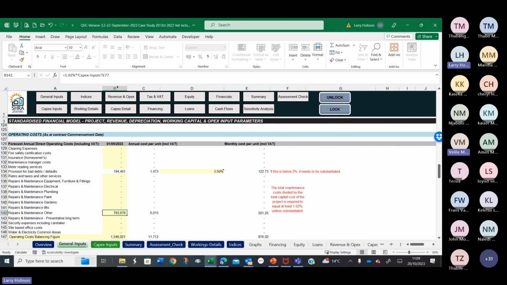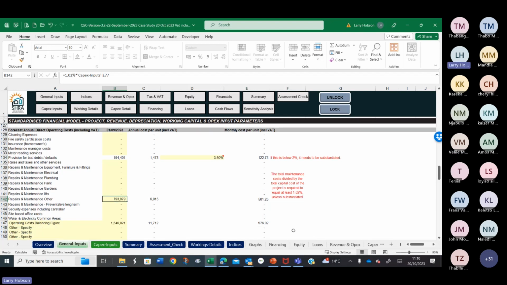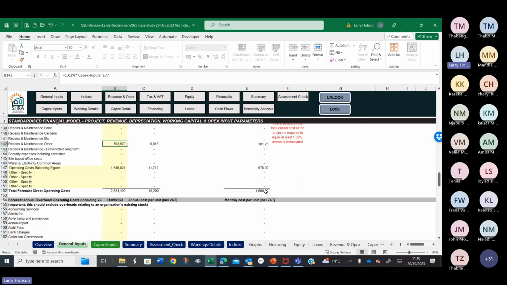I've been lazy and I've just said 1.02% times the total capex inputs and put that in as maintenance. So that would come in this case to 500 rand a month, which isn't unreasonable, probably possible in a month of high maintenance. And so the rest of the operating cost balancing figures come to 1,600.